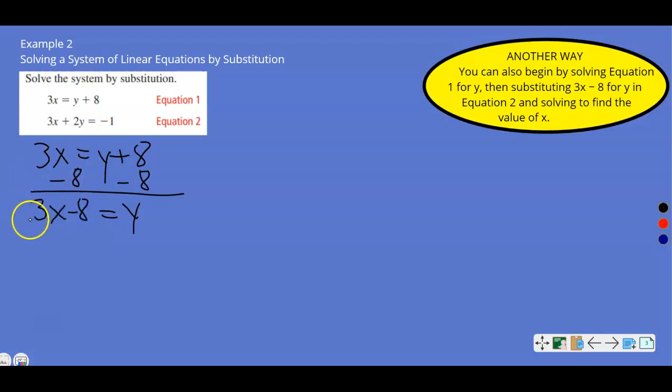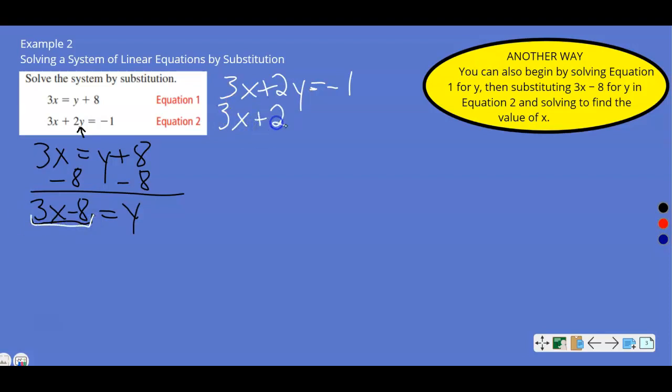And now we can substitute this, y equals this, into our second equation for y. So we're going to go 3x plus 2y equals negative 1, and we're going to replace the y with this expression here.